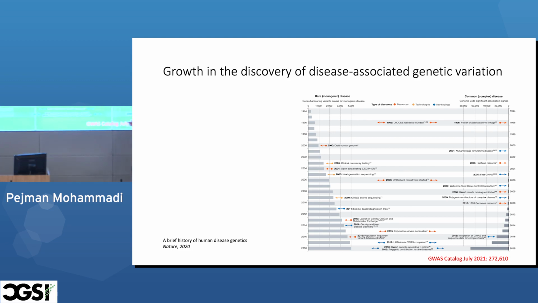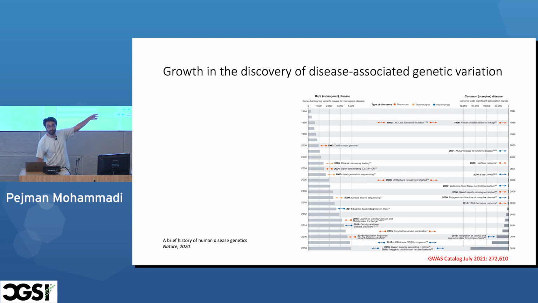Here is 2018 with 80,000 associations. That has wildly changed by now. I looked up the GWAS catalog the other day. It's already at around 300,000, and that's from about a year ago update. So this thing is exploding.